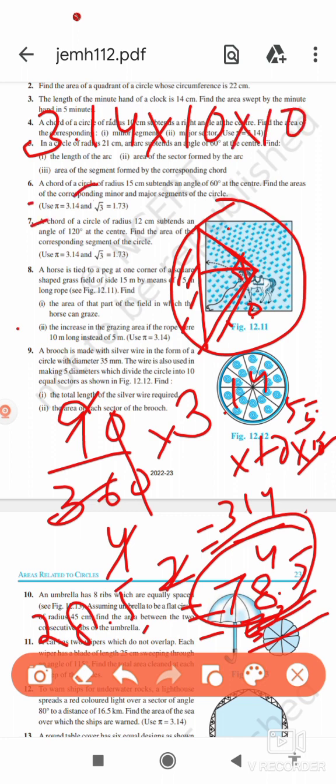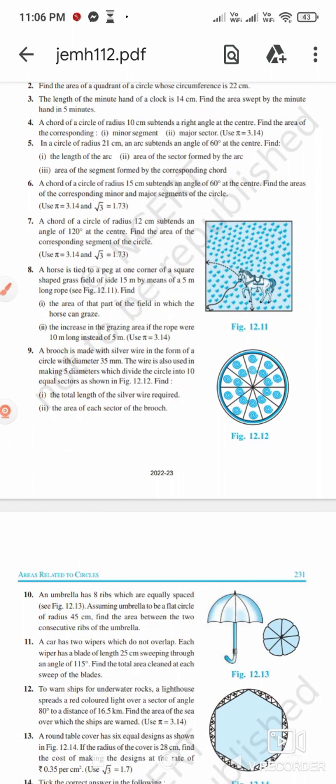That is 314 is the area of the whole circle. So from there I will minus 78.5 to get the answer. That is the area of the major sector.